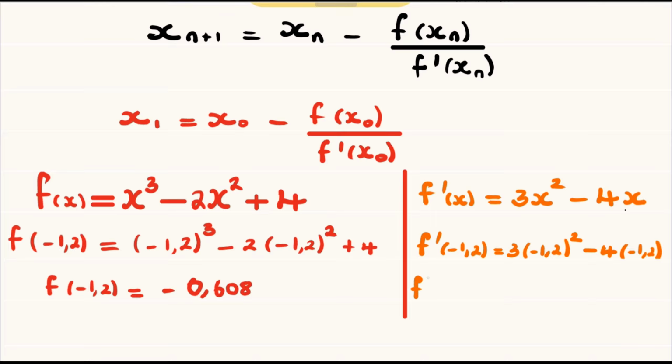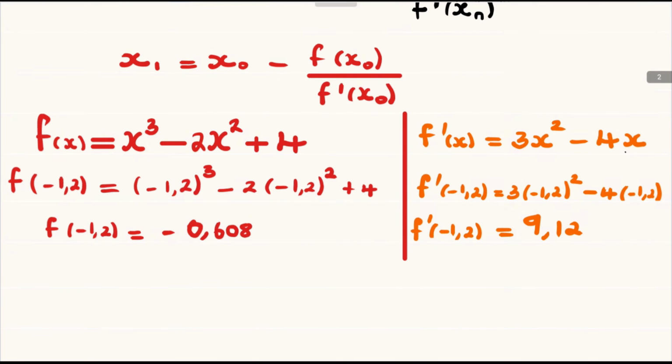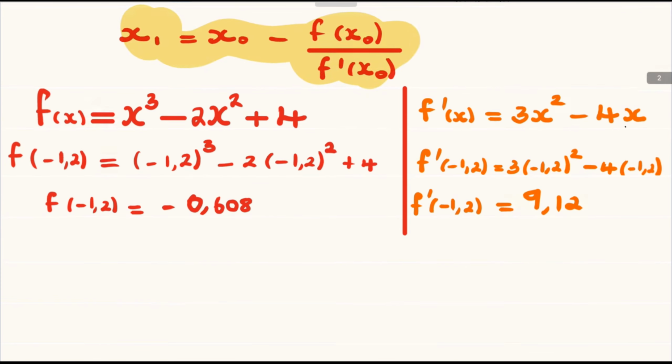So f prime of negative 1.2 will be equal to 9.12. So now we substitute into that equation, that formula.